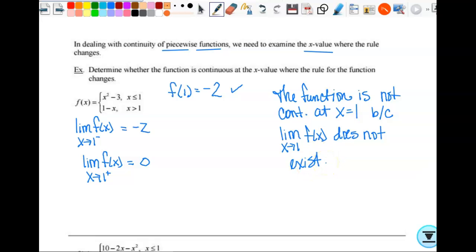Okay, make sense? You have to write it out. You don't get to just show it. We okay with that?